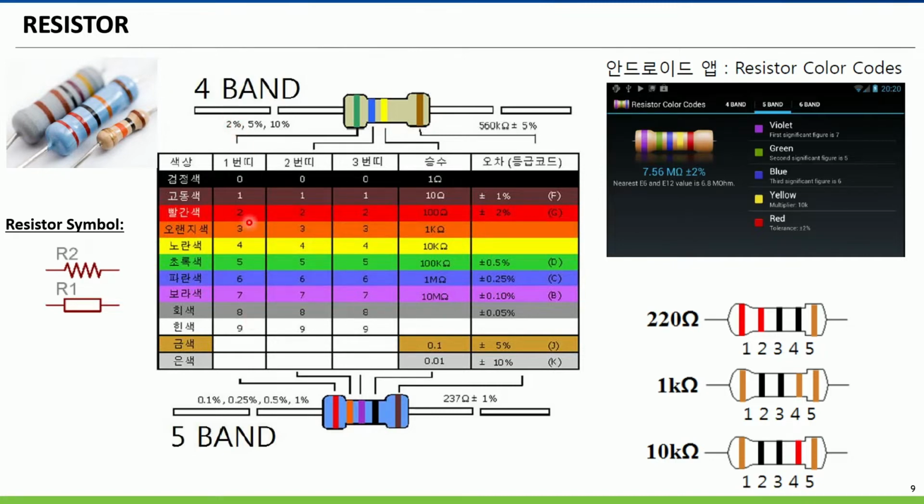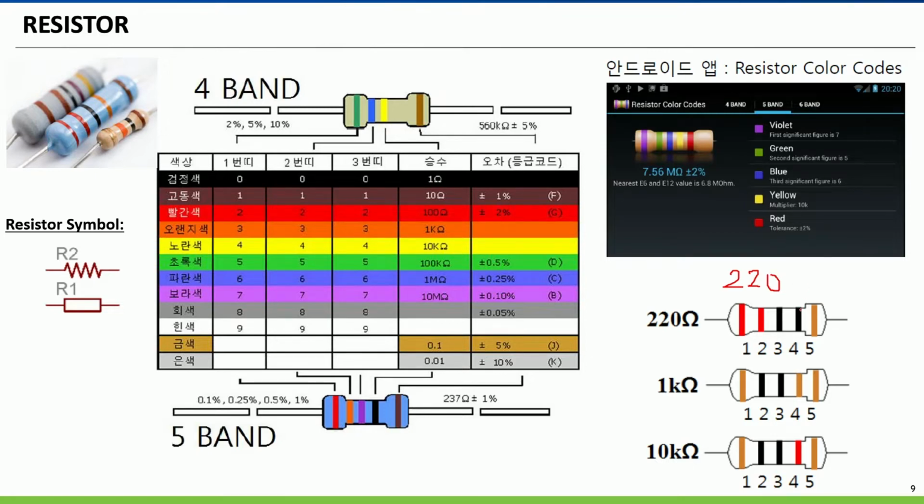This is similar for the first, second, and third color. And the fourth band is a multiplication value. For example, for a resistor with 5 bands, the first color is red, so it's 2, and this is also red, this is 2, and this is 0, 0.